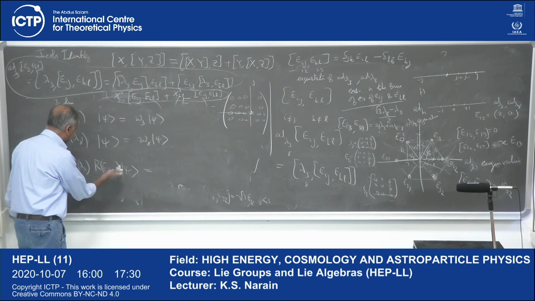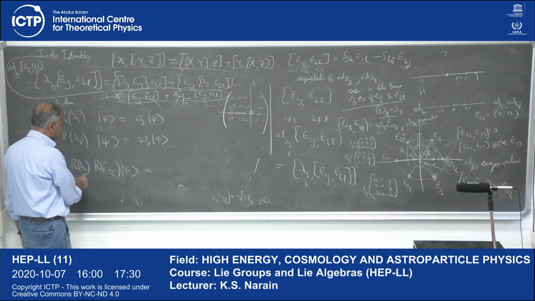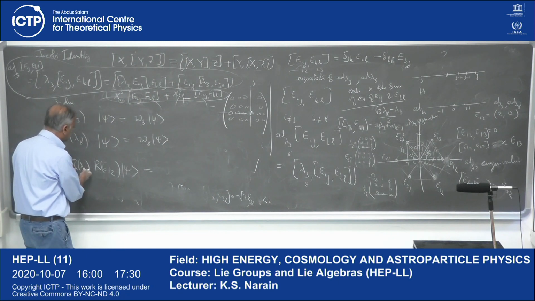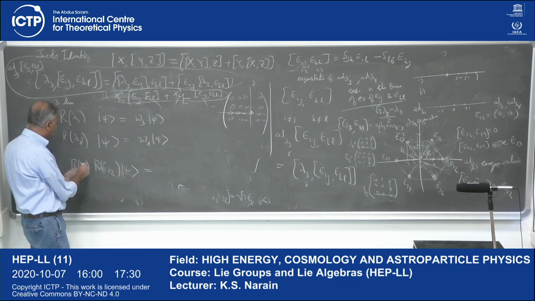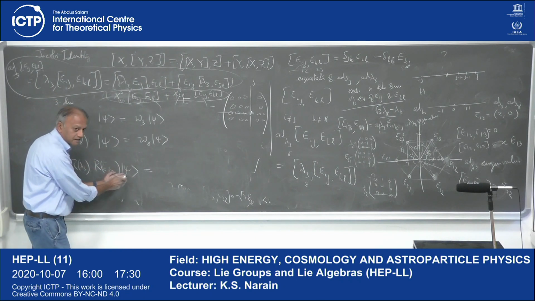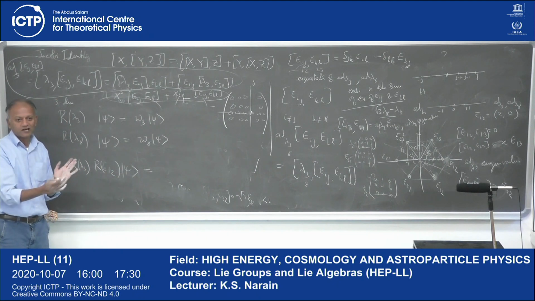The standard trick we always use: we know how R lambda 3 acts on psi from this equation, so we try to push it there. In pushing, you use a commutator.